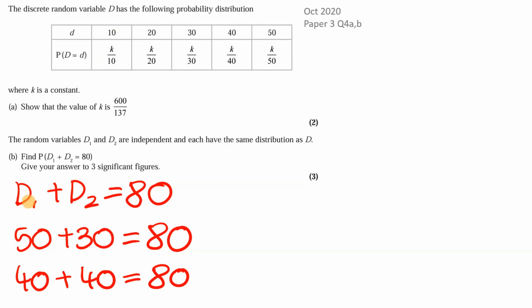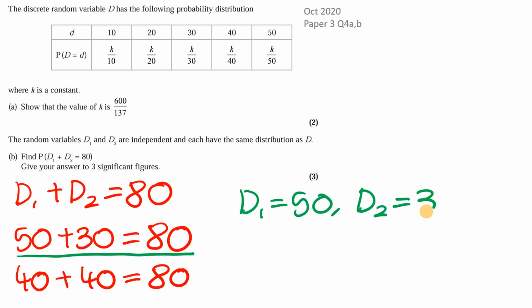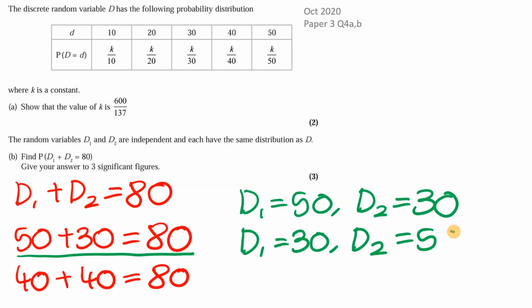Now, if we consider this in the context of d1 and d2, let's start with 50 plus 30 is equal to 80. Here there are 2 possibilities for d1 and d2. The first possibility is that d1 is equal to 50 and d2 is equal to 30, or the other possibility is the other way around, so d1 is equal to 30 and d2 is equal to 50.